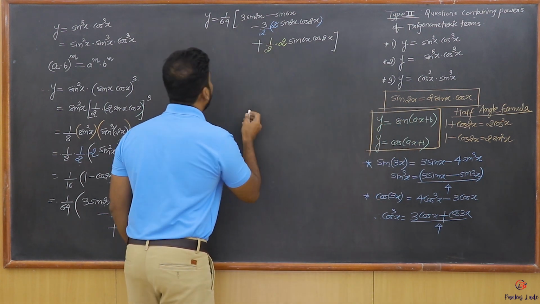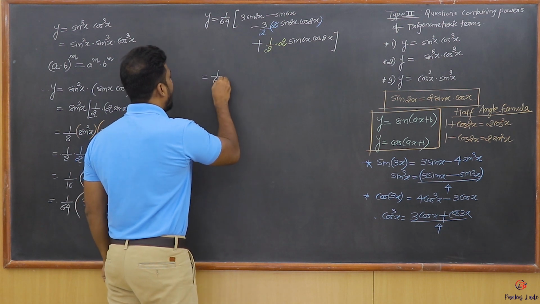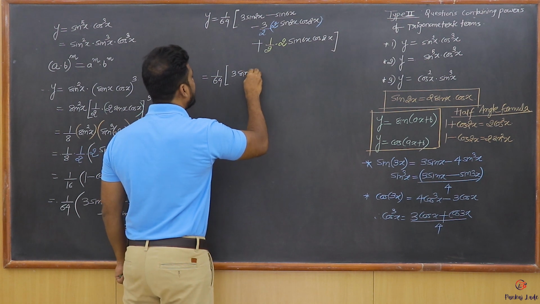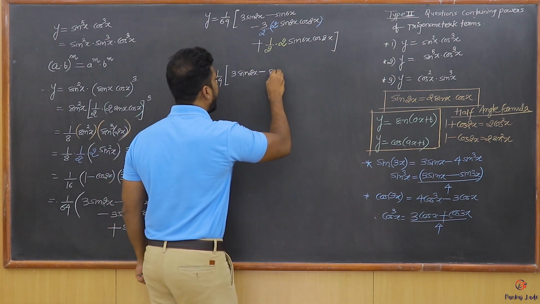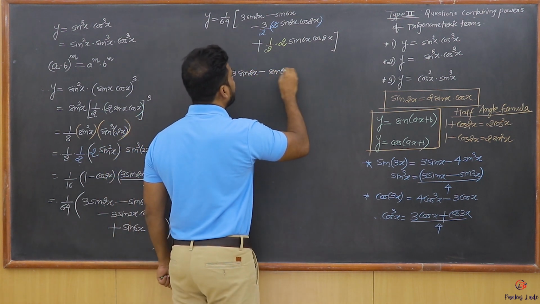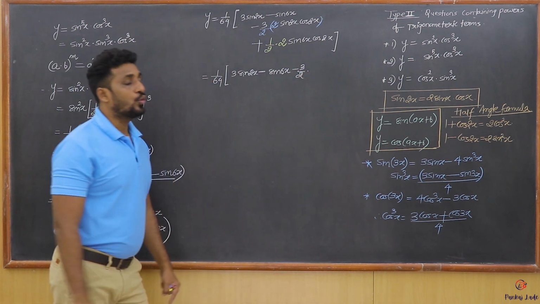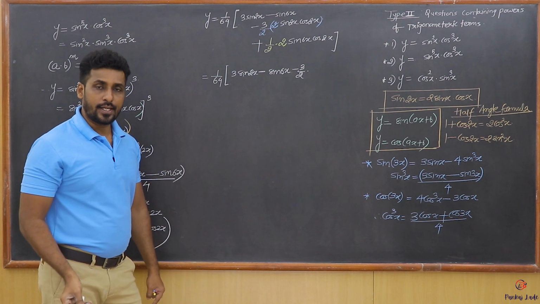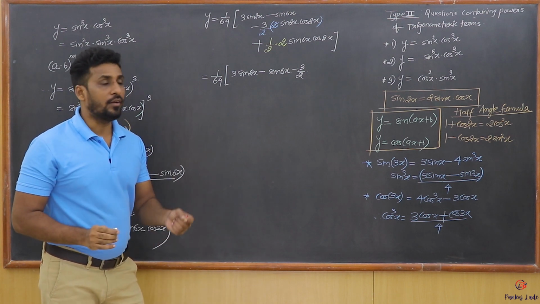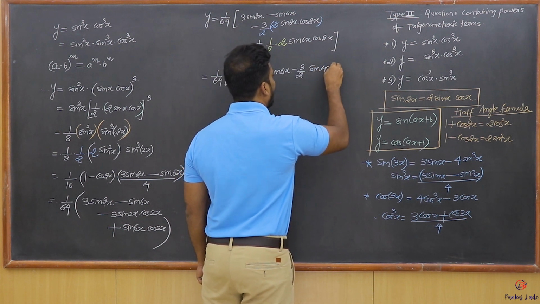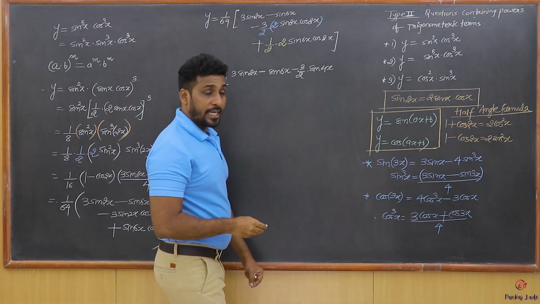So I am going to write my next step as 1 upon 64. Let's write a bracket over here. 3 sine 2x minus of sine 6x, and students, minus 3 by 2. What are you going to tell me for 2 sine 2x into cos 2x? It is simply going to become sine 4x. So I write minus 3 by 2 sine 4x, and be very careful with the next terms now.